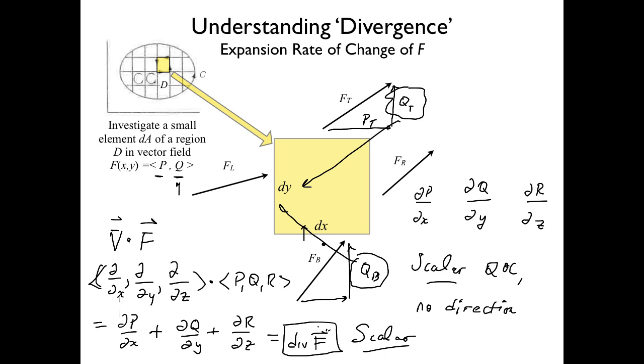It's going to tell us how much we're either pushing in or pulling out. Because for curl, we were looking at the horizontal components of these vectors causing rotation. Right? So vertically, the vertical vectors cause expansion and contraction on that element. But vertically, the horizontal vectors cause rotation.